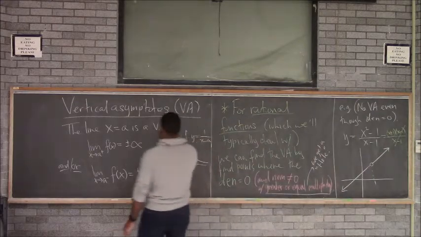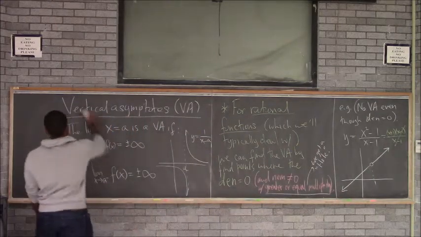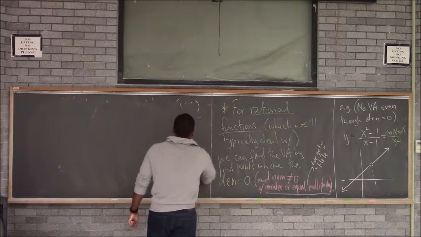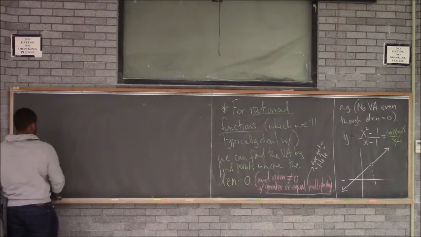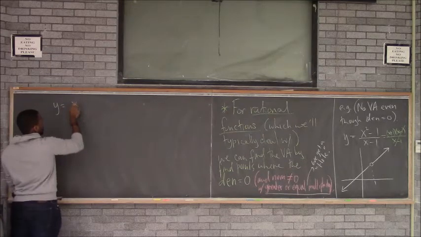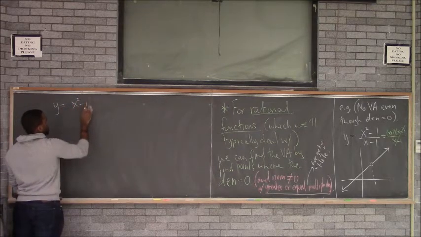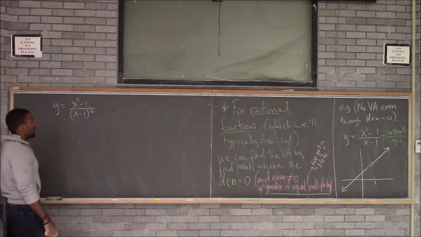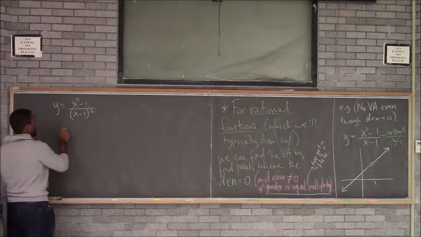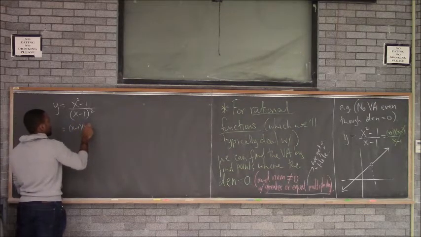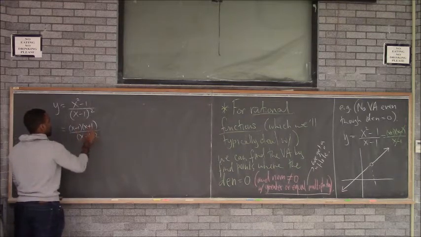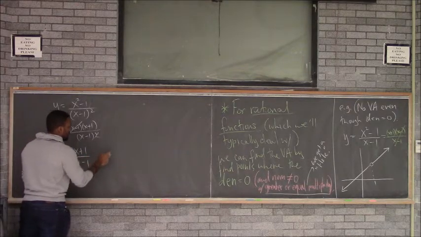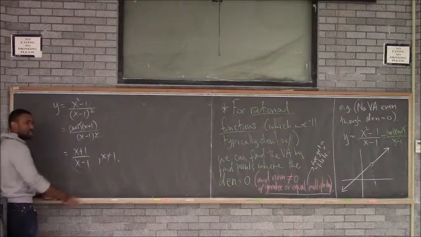Now, you can have the numerator being the same as the denominator, but it just can't outmatch it with powers. That's what the multiplicity is about. So another one is something like this. If I look at y equals x squared minus 1 over x minus 1 squared, then that's going to hit a vertical asymptote. Why? Because even if I did this, there's still going to be a division by 0 occurring.